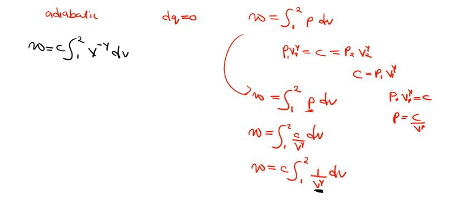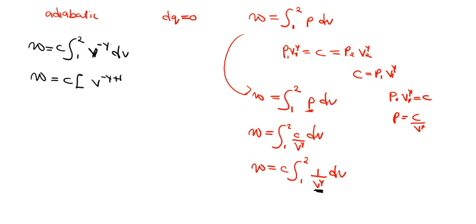So integrating this form now, how do we integrate? We know w is given as c. Integrating v to the power minus gamma, we add 1 to the power, so we have v to the power minus gamma plus 1.